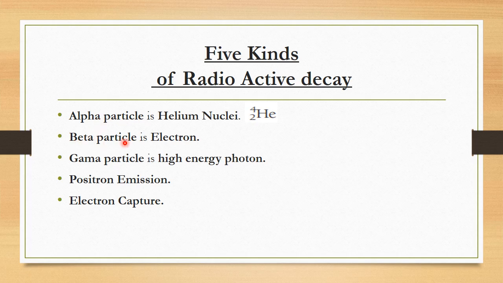The beta particle is an electron. Gamma radiation is a high energy photon. Then there are positron emission and electron capture. These are the 5 kinds of radioactive decay.